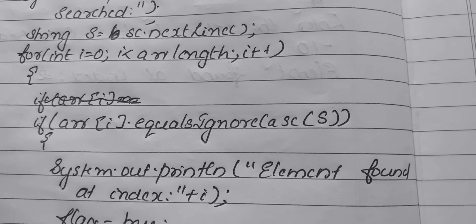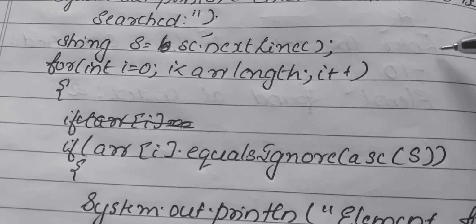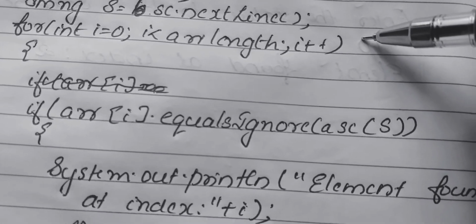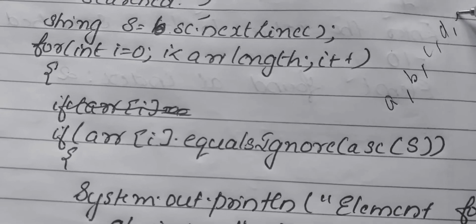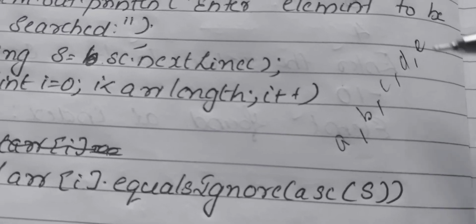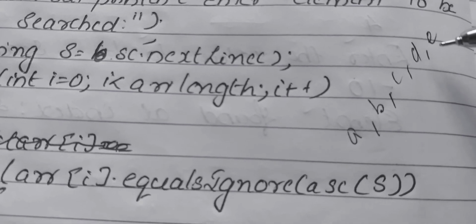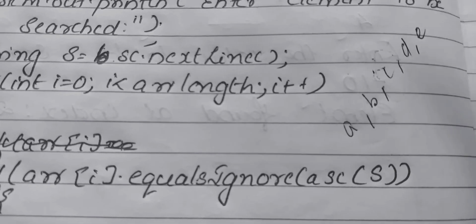Suppose we want to search for a, and there are a set of elements, consider this: a b c d e. These are the elements in the array. Just consider this is a character array. Clear? And suppose we want to search for the element c.